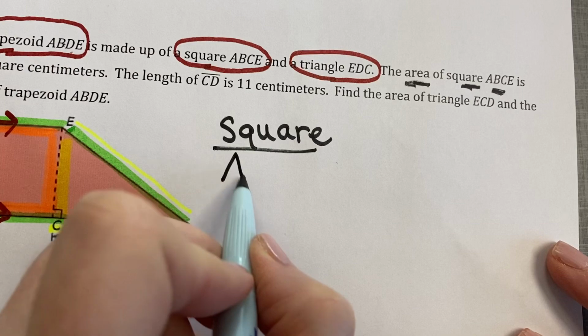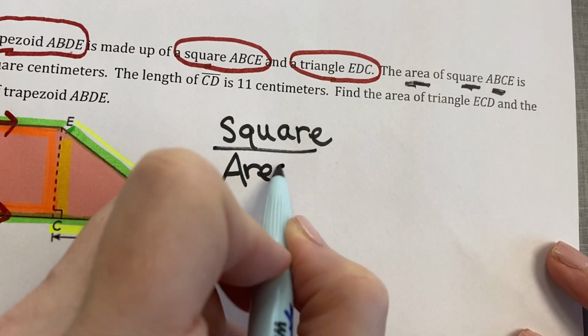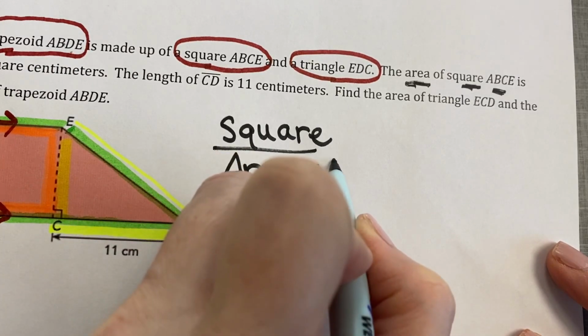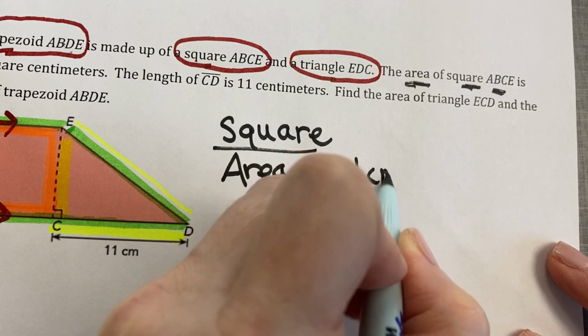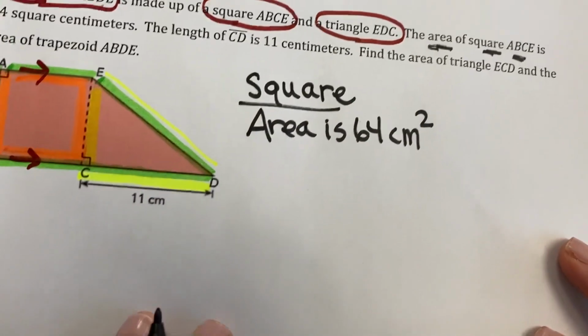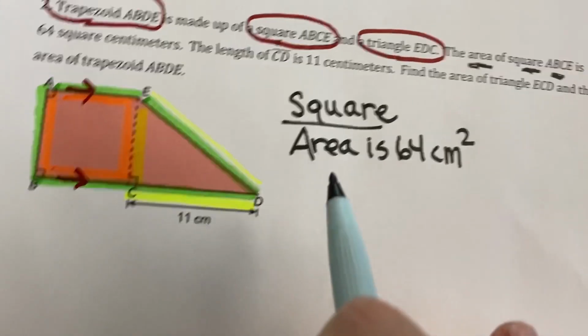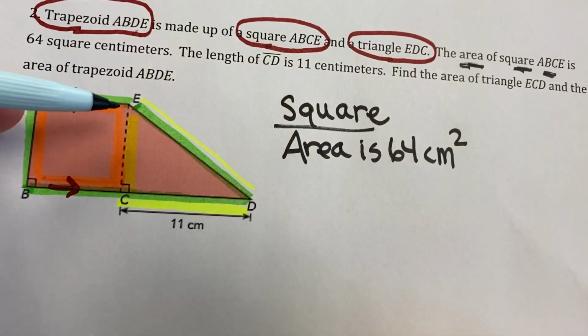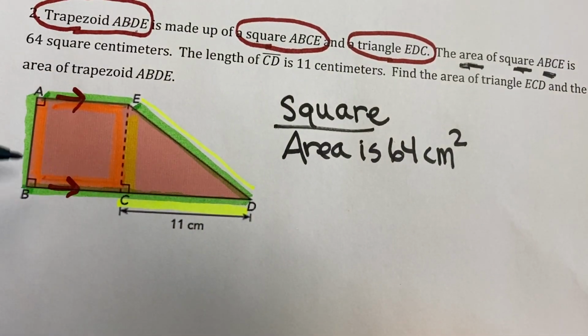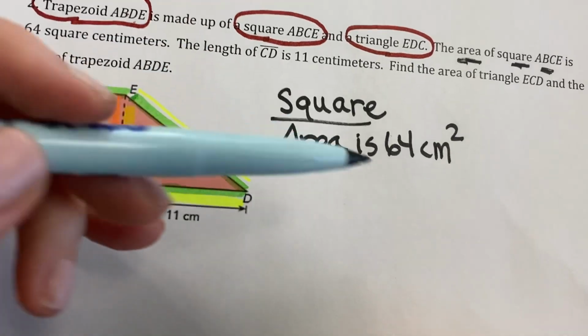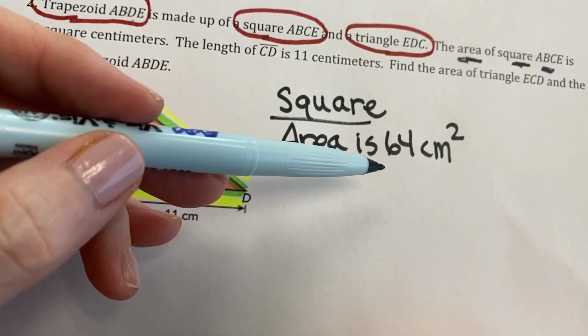And the area is 64 centimeters squared. Does that give us any clues? Is there anything we could figure out about the sides here if we know the area is 64?